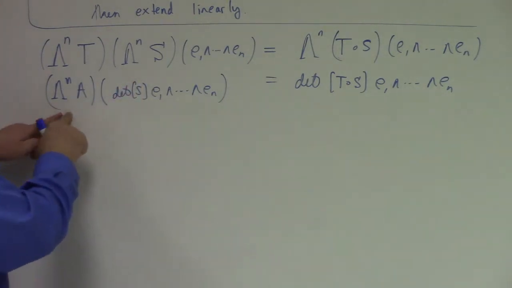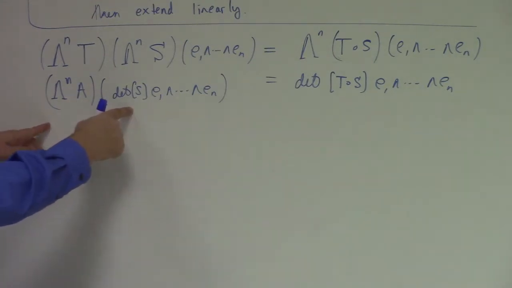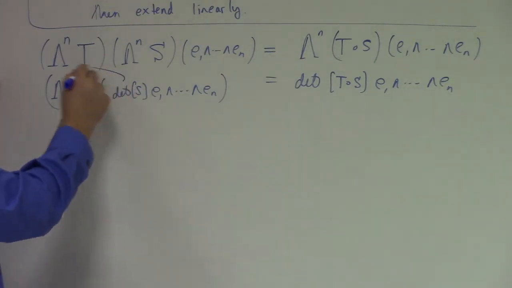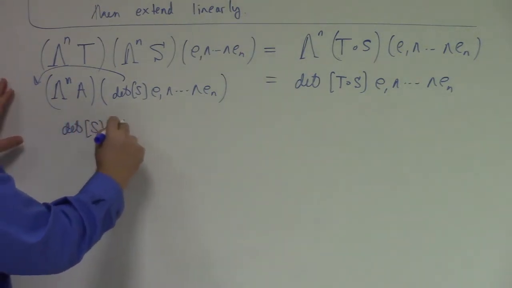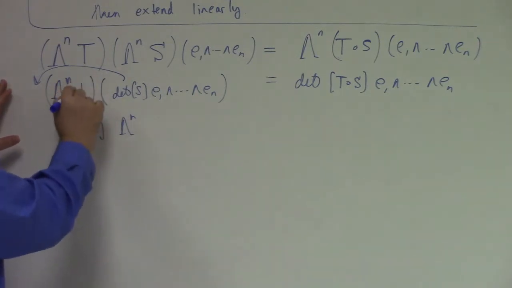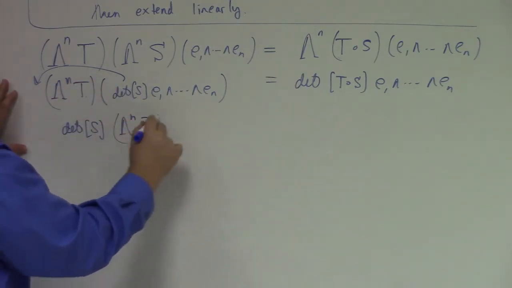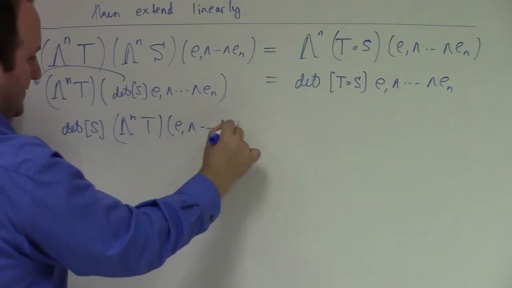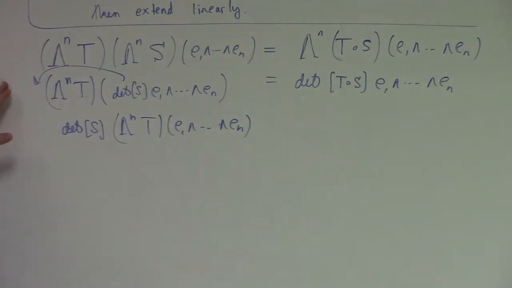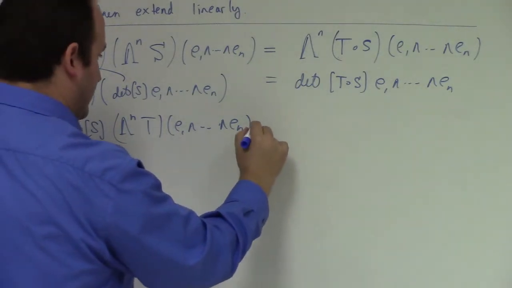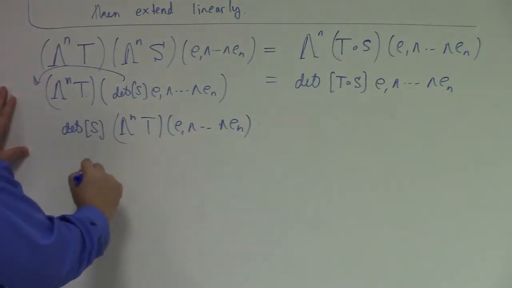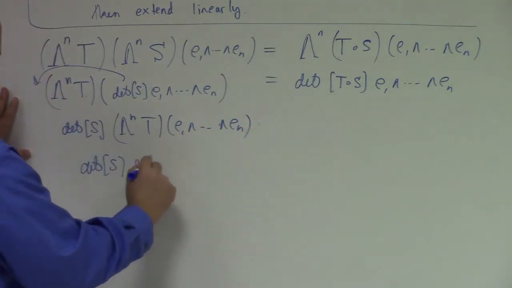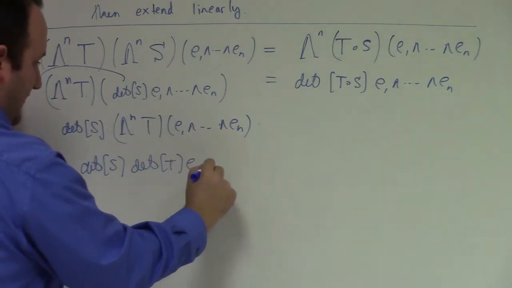But this is a linear transformation. This is a number, so we can pull it out. And then we have determinant of S, lambda n T of E1 wedge, wedge En, which is just determinant of S, determinant of T, E1 wedge En.